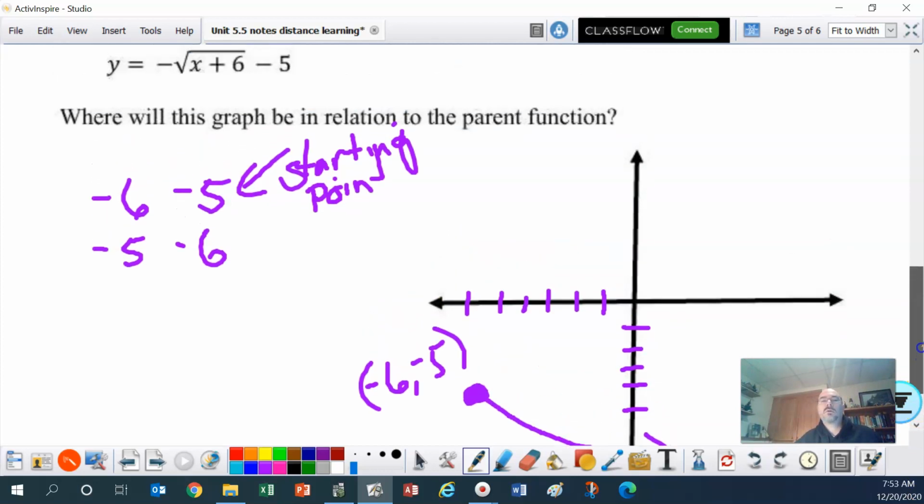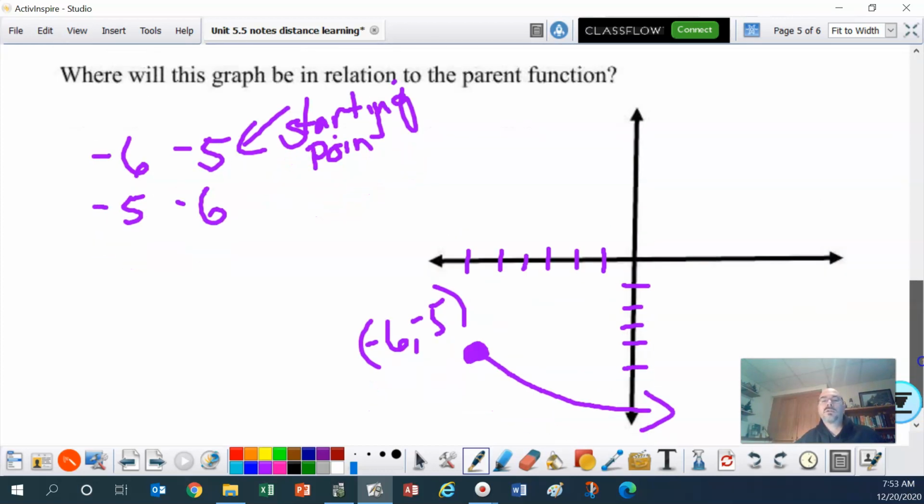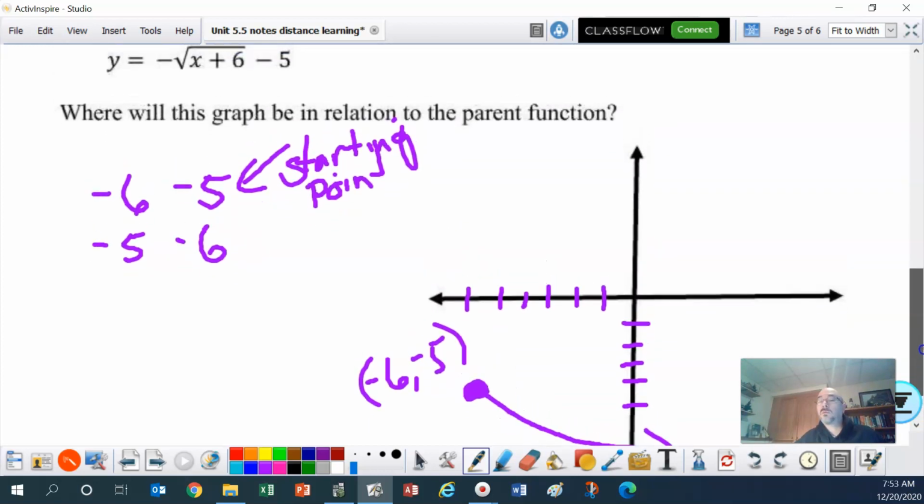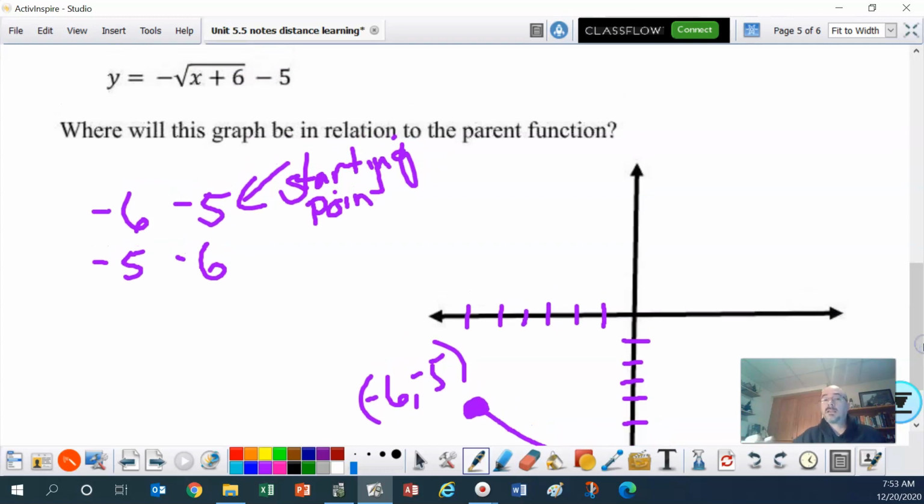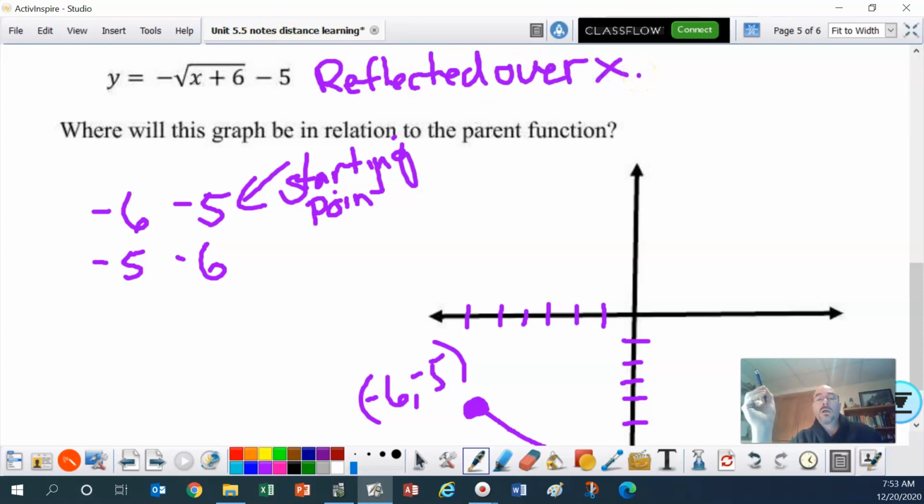So that's what the graph looks like. What did it do, ladies and gentlemen? Well, it's doing 3 things. It reflected over the x-axis. What else did it do? It moved left 6 and down 5.